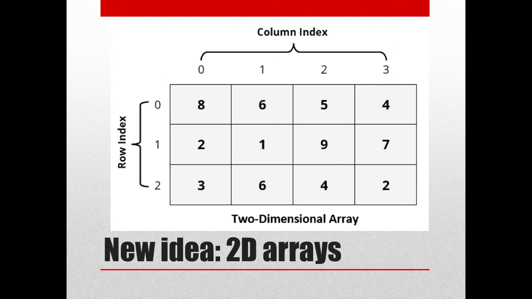Lots of games, checkers, chess, tic-tac-toe, all involve a grid, which probably could be a two-dimensional array. You can imagine a spreadsheet is a two-dimensional array, a crossword puzzle is a two-dimensional array. Grids tend to come up an awful lot in computer science, and so we're going to represent those as two-dimensional arrays. We're going to learn a lot about the syntax of two-dimensional arrays and do a little bit of problem solving with it over the next couple days.